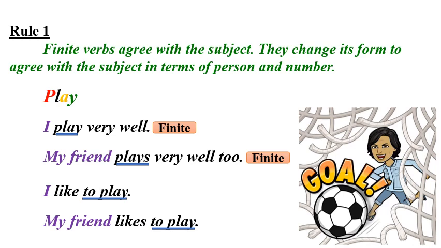Verbs which do not change their form to agree with the subject are non-finite verbs. And so, in these sentences, the verb play acts as a non-finite verb because even though we change the subject, it does not change its form.